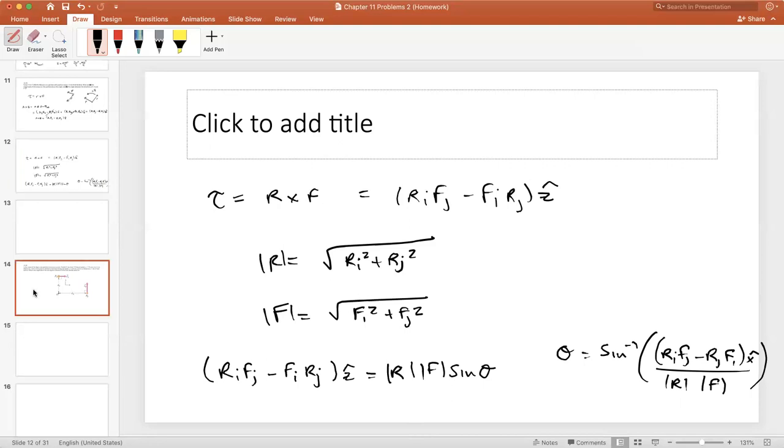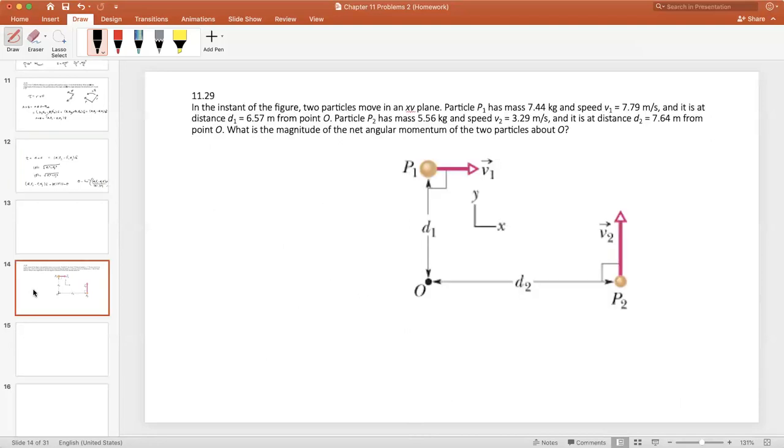Now, in the instant of this figure, this is problem 11.29. In the instant of the figure, the two particles are moving in the xy plane, and particle 1, this particle right here, has a mass of 7.44 kilograms and a speed of 7.79 meters per second.